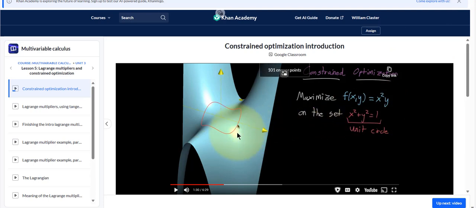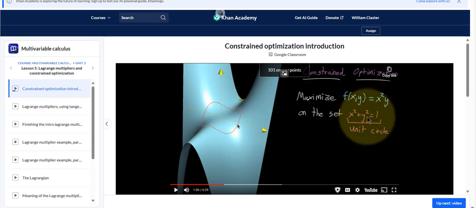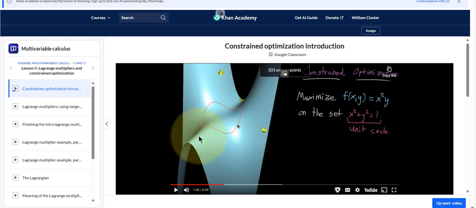So in this picture, he tries to draw the shape that this limitation imposes on this blue surface. So it's not a curve, it's a surface.